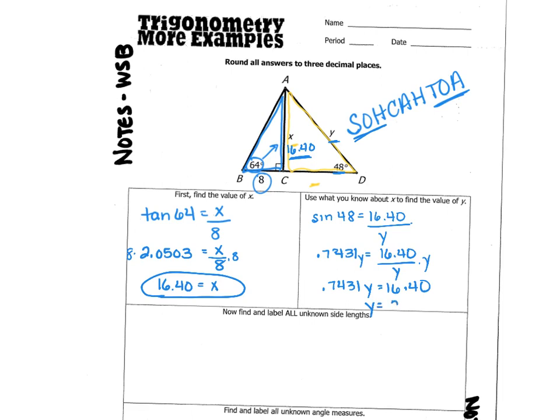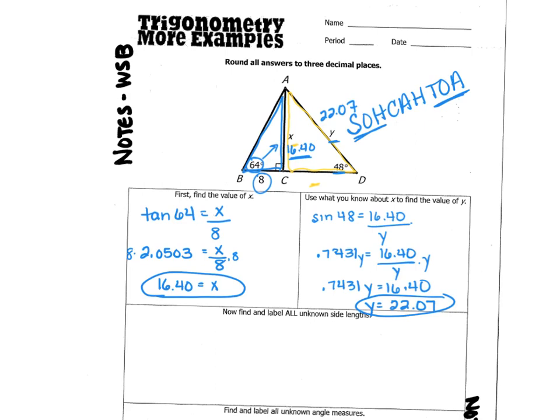And y equals 22.07. Now I'm going to look at that triangle and see, does that make sense? And I think it does, because that hypotenuse is larger than that leg, or the vertical side of that triangle.